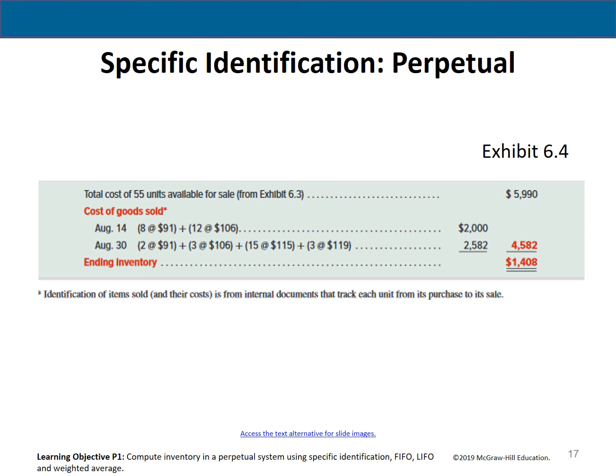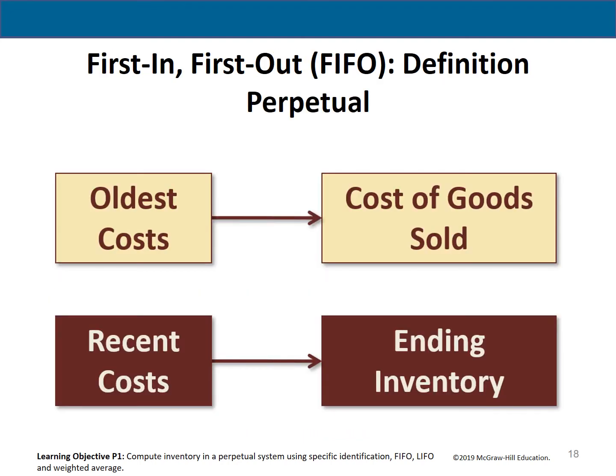Okay, and that's one way of doing the removal of inventory. But most companies aren't able to remove the inventory at what it actually costs them for that particular item being sold. So they use an assumption, a costing assumption, to remove their inventory.